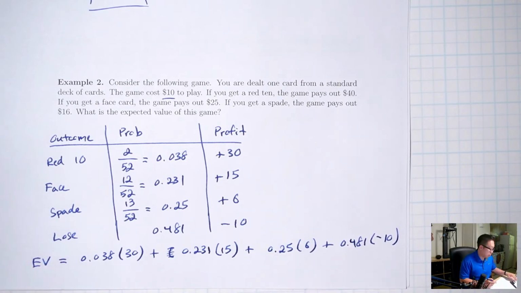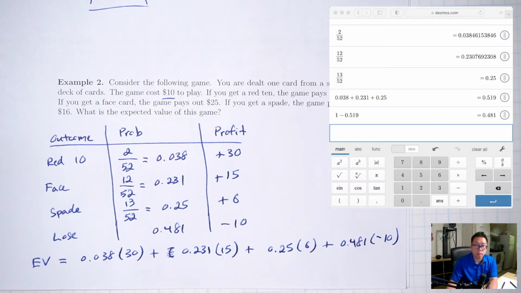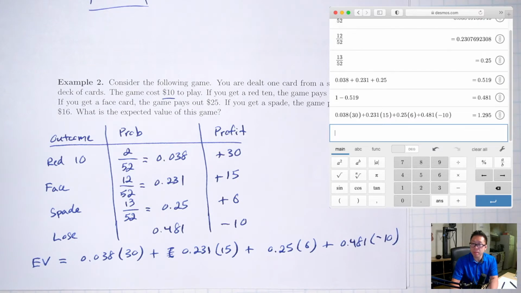All right, so I'm going to type that into the calculator. 0.038 times 30 plus 0.231 times 15 plus 0.25 times 6 plus 0.481 times negative 10. That gives 1.295.